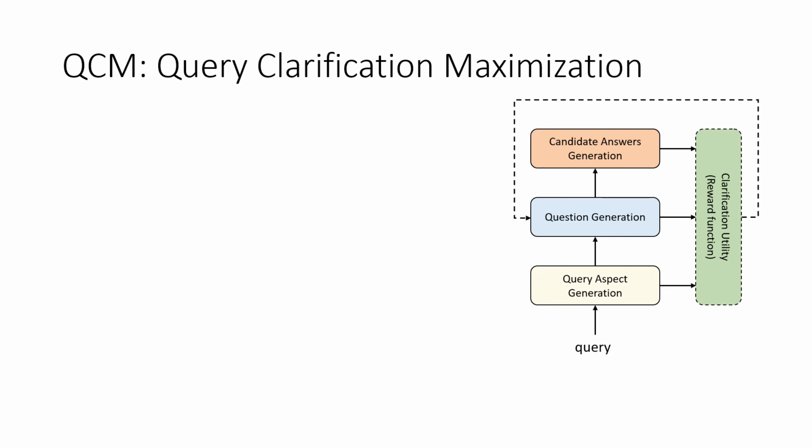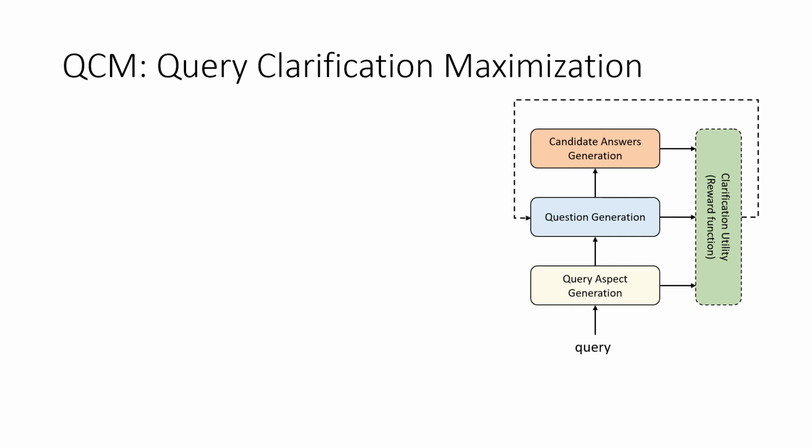This model is based on reinforcement learning, and it tries to maximize a clarification utility function as a reward function. So given a query, we first generate the query aspects, given the approach that I presented earlier from the query reformulation data.